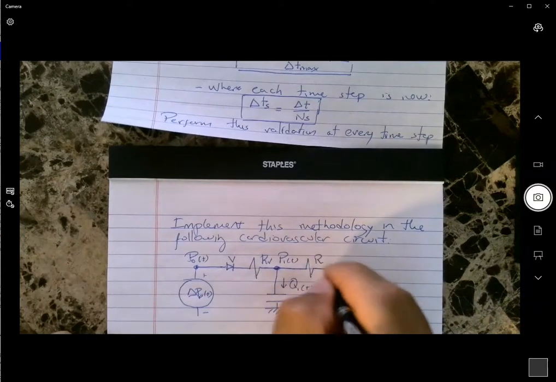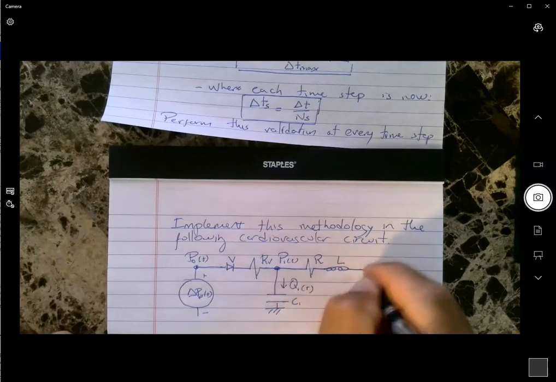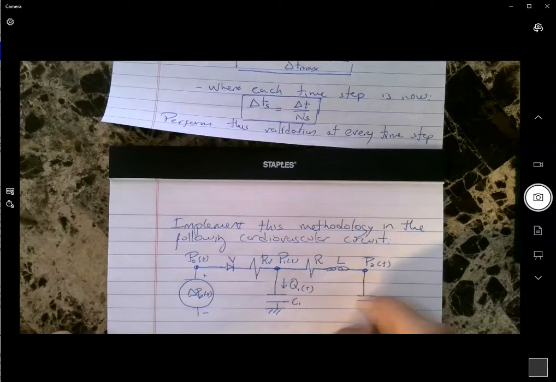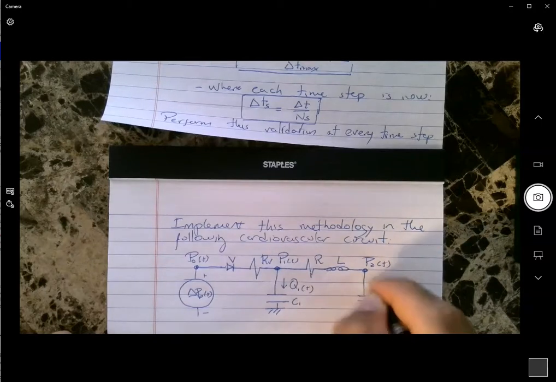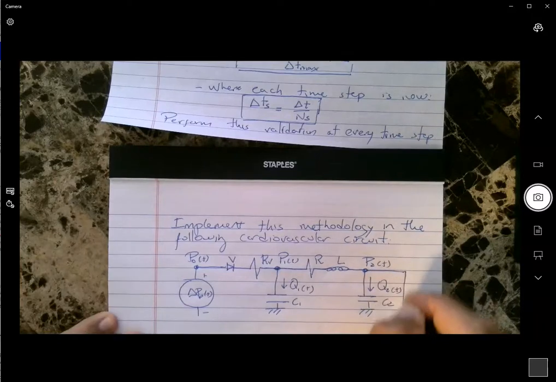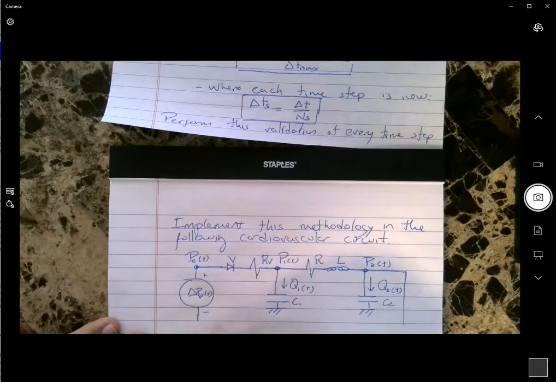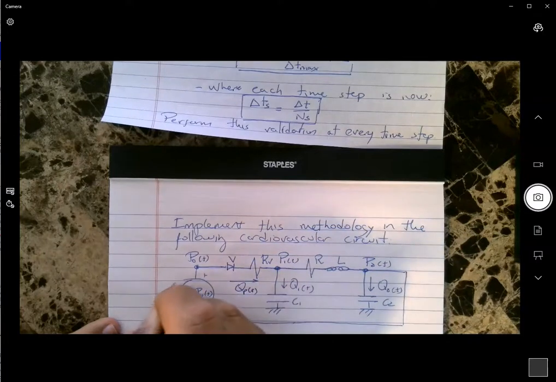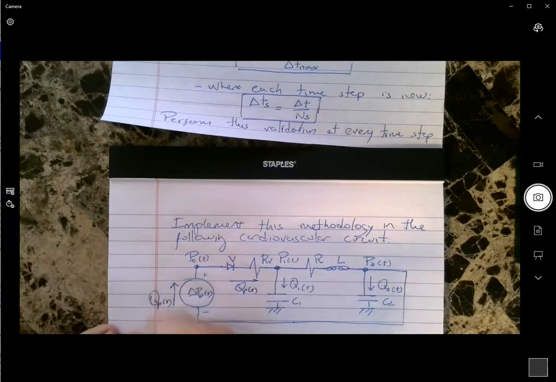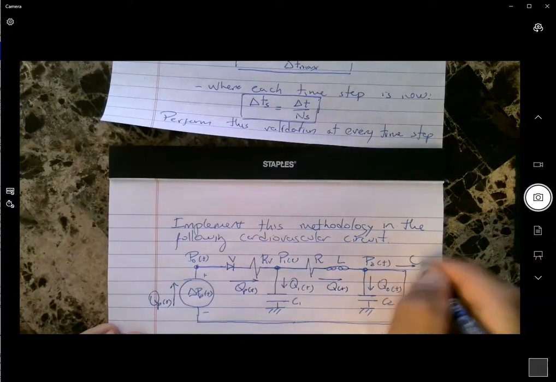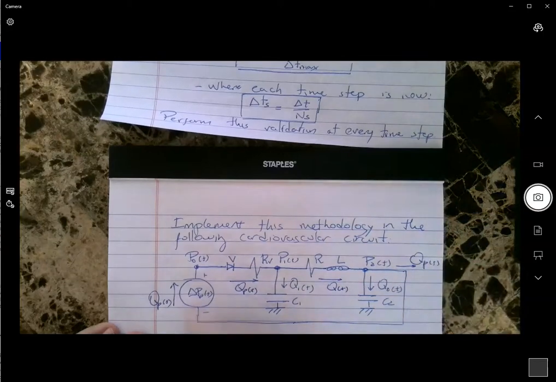There's an R, there's an L, there's a P2 with another compliance absorbing or releasing Q2, and then it closes down back into the pump. So basically this is QP, the same Q that goes through the pump. This we're going to call Q, and whatever comes out here is also QP because there's no more diversions.